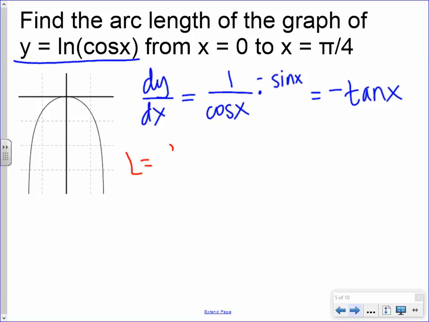Arc length is the integral from 0 to pi over 4, square root of 1 plus our derivative squared.